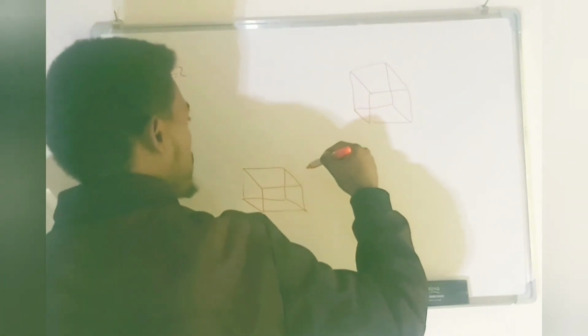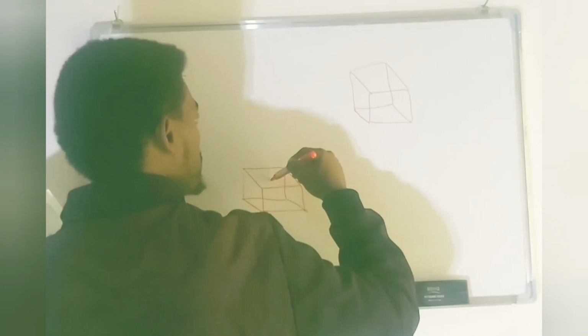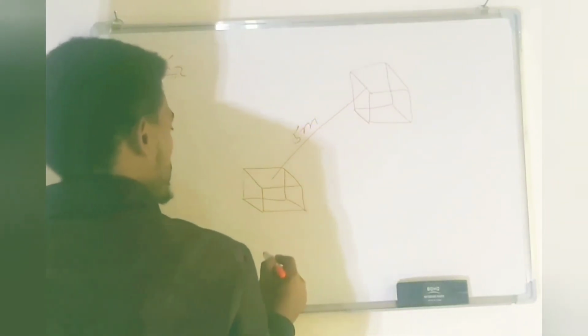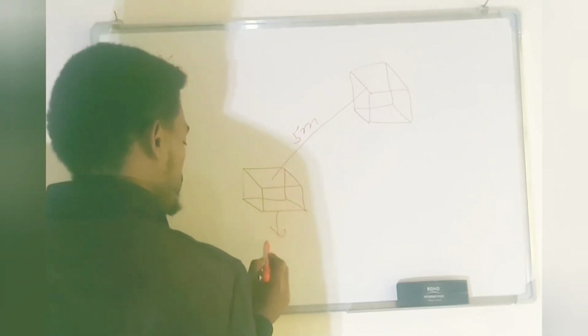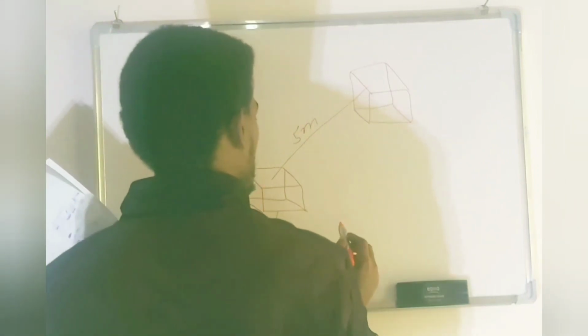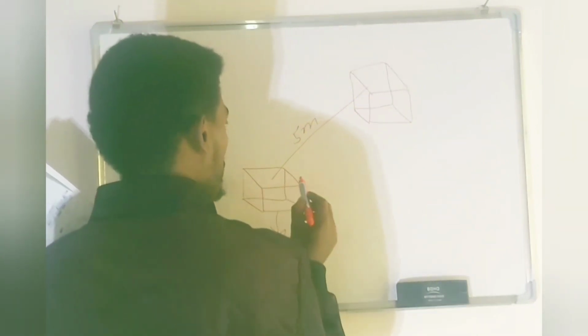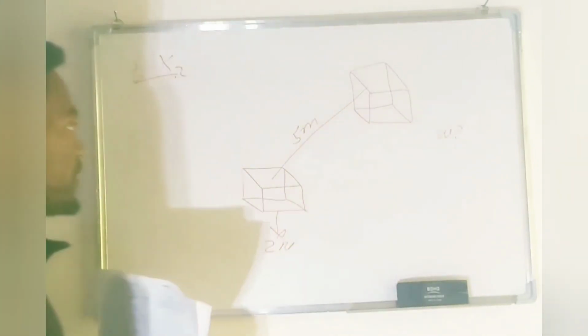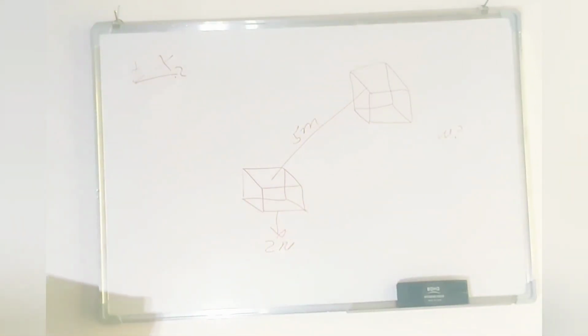The distance is 5 meter, and the weight is 2 Newton. We are asked to find work done. So how can we find work done on this box?